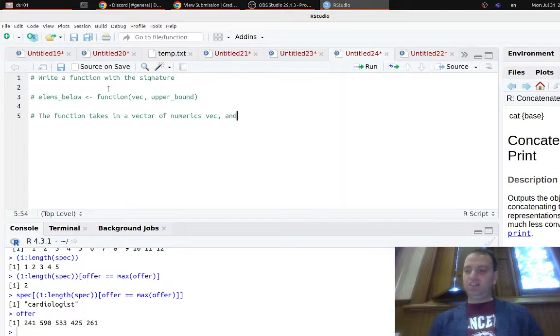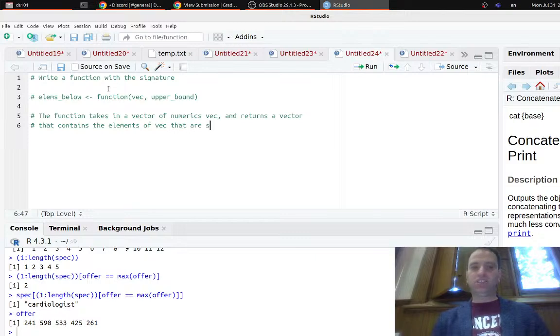Vec, and returns a vector that contains the elements of vec that are smaller or equal to upper_bound.